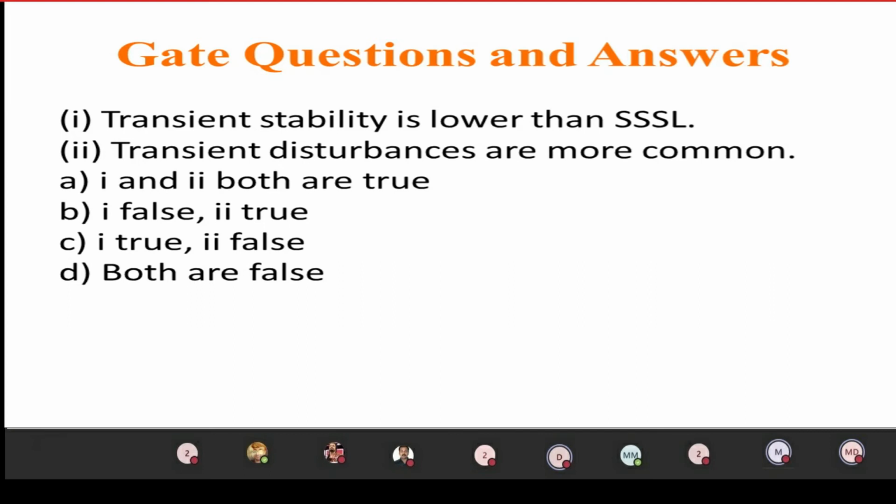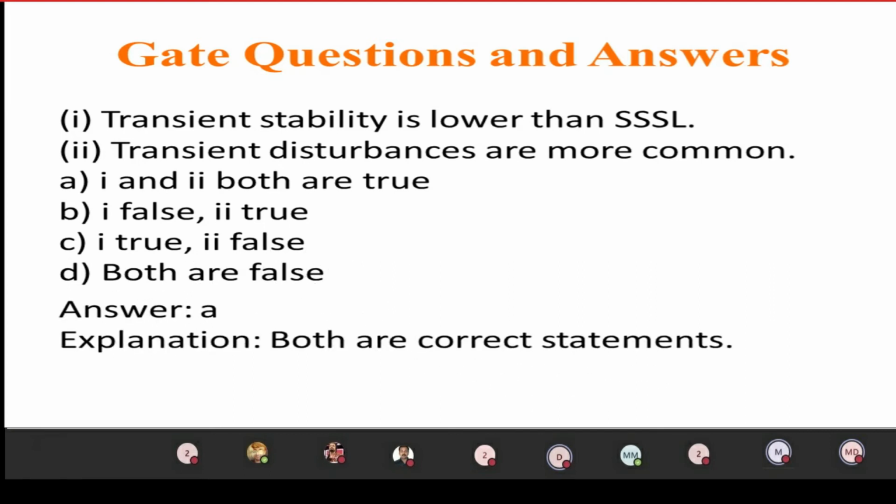The first one and the second one both are true, so it may be the answer, but let me see the other combinations too: false, true, and true, false. Both are false. In the previous question we saw that transient stability is lower than steady state stability. So the answer is A.